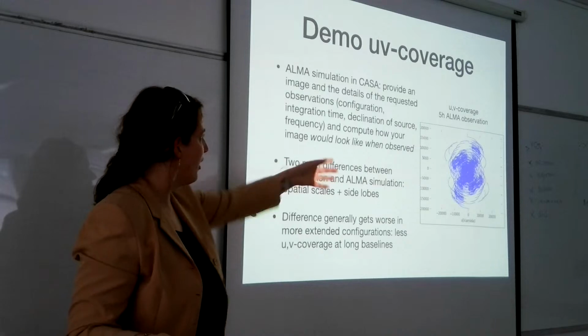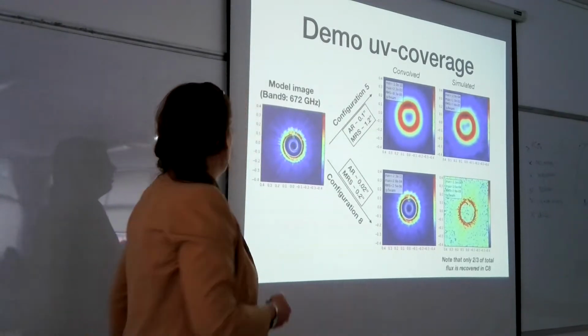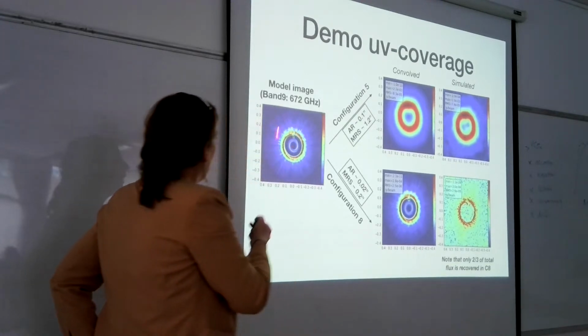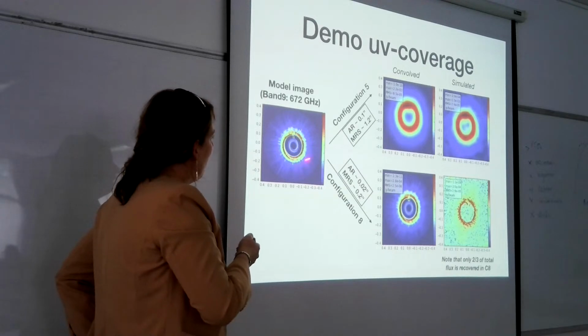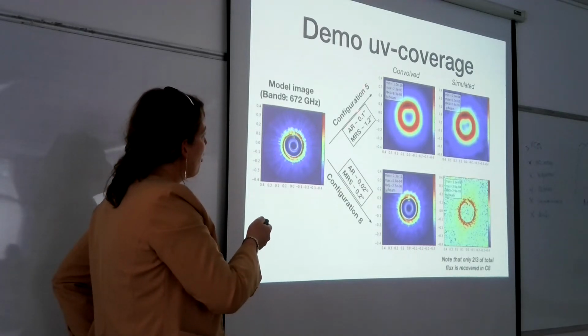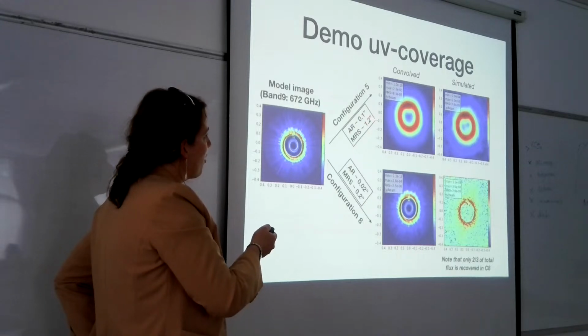And so this is UV coverage of our observation. So here's the example. Here we have our model image. This is what we're going to feed into the simulator. We're going to observe it with configuration 5, which has an angular resolution of 0.1 and MRS of 1.2.